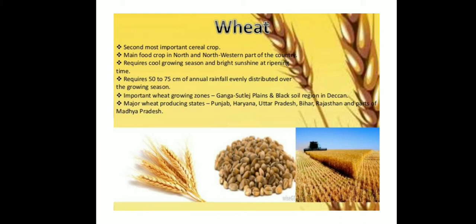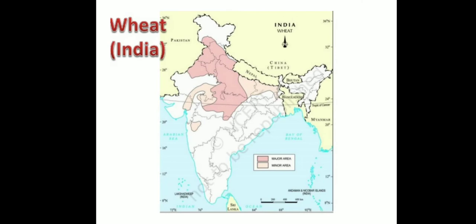It requires 50 to 75 centimeters of annual rainfall evenly distributed over the growing season. Important wheat growing zones: Ganga-Satluj Plains, black soil region in Deccan. Major states which grow the wheat crop are Punjab, Haryana, Uttar Pradesh, Bihar, Rajasthan, and part of Madhya Pradesh. After that, we have a map which shows the areas where this wheat crop is grown.